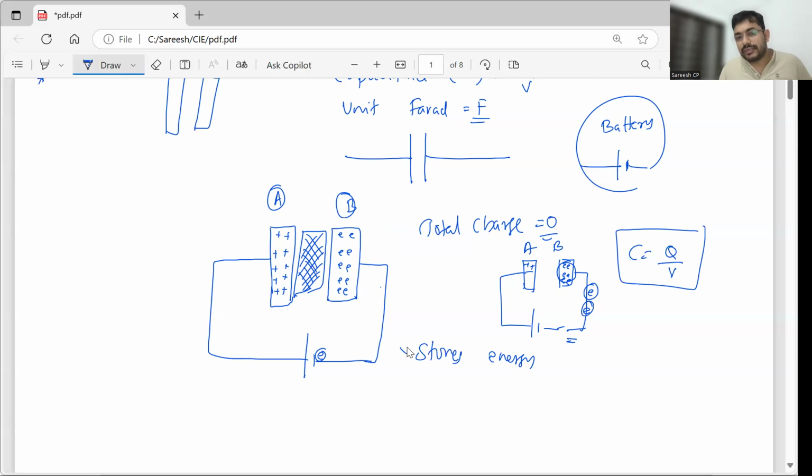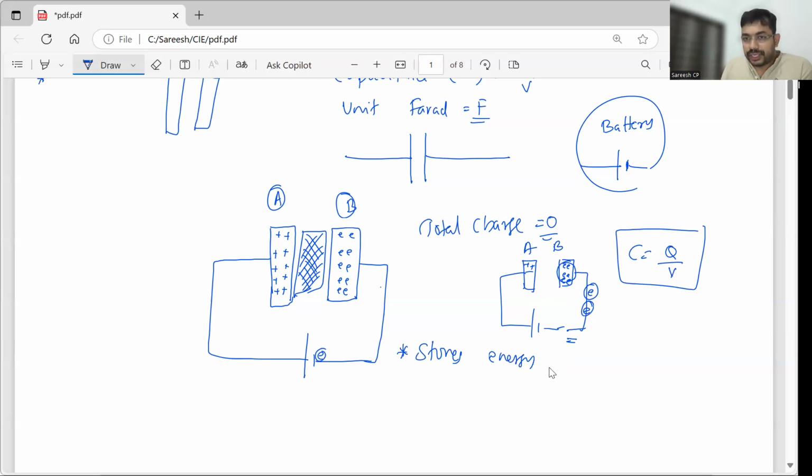Sometimes they will ask you a question: why does the capacitor store energy, not charge? Because when you charge a capacitor, there is work done in moving electrons in the capacitor, or work done against the electric field. That's why you should say it stores energy.